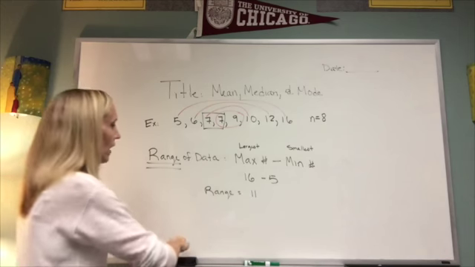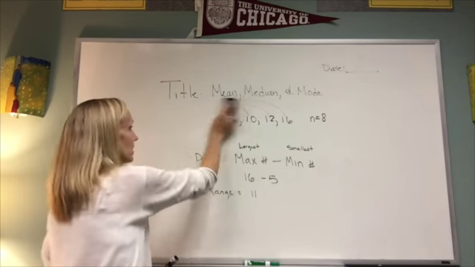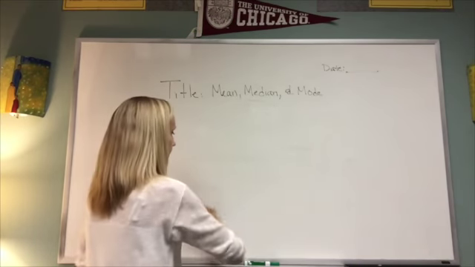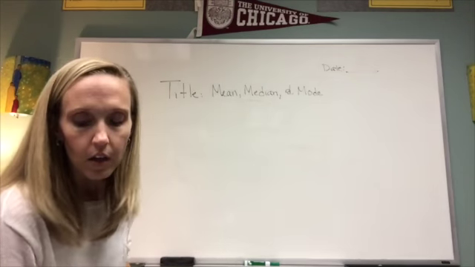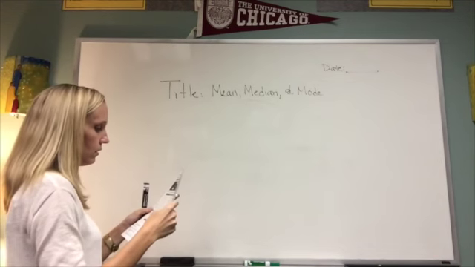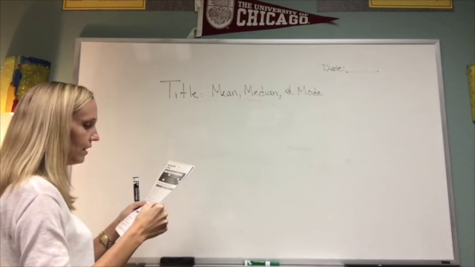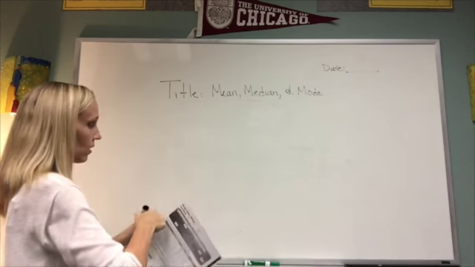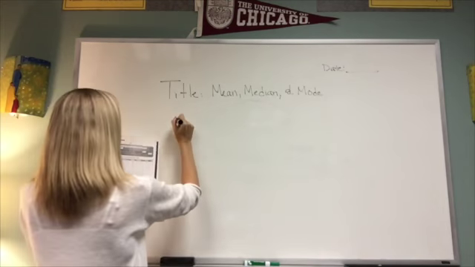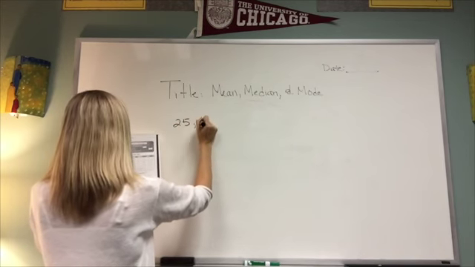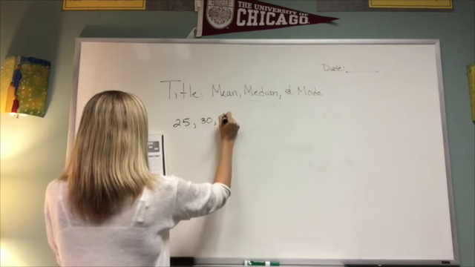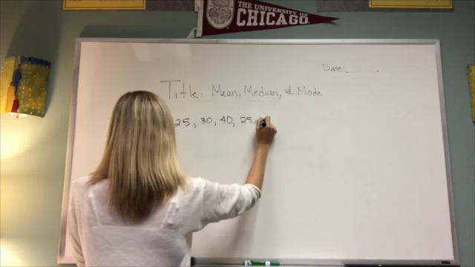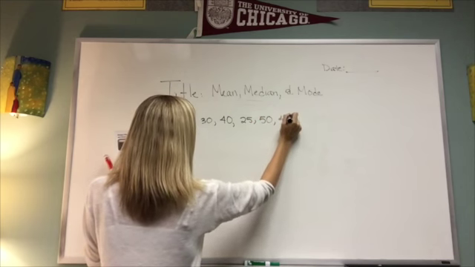Okay? All right. I'm going to put another data set up, and I want you to try this one on your own. So this is not in order, so beware. So we're going to do 25, 30, 40, 25, 50, and then 40.